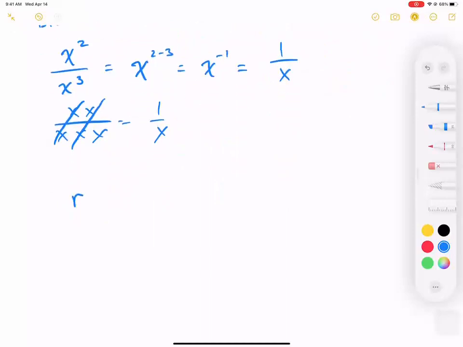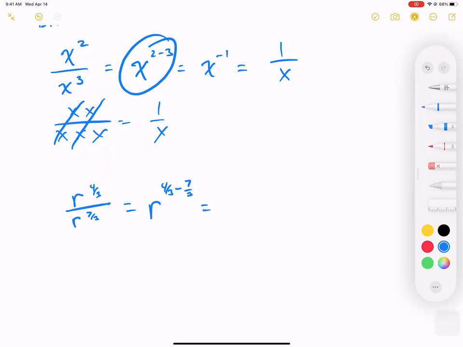So if we write r to the 4 over 3 divided by r to the 7 over 3, how can I rewrite this as one exponent? If I am dividing, I am subtracting. So let's go and subtract those fractions. R to the 4 over 3 minus 7 over 3.